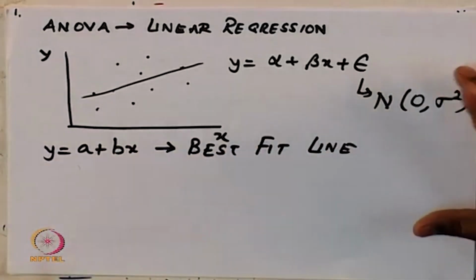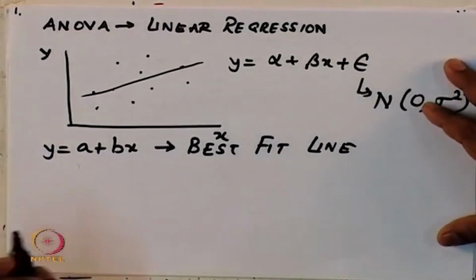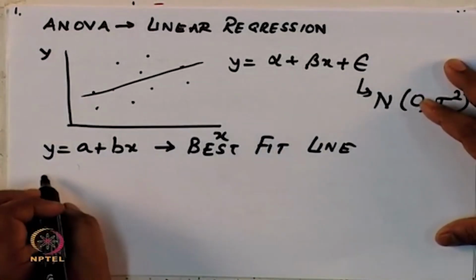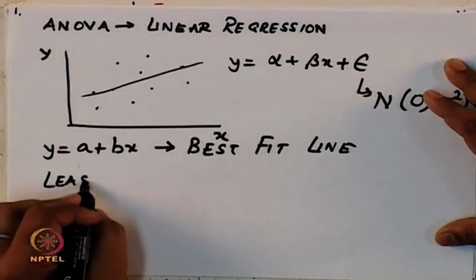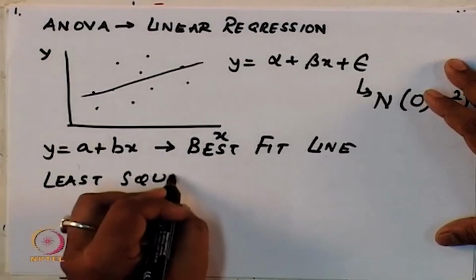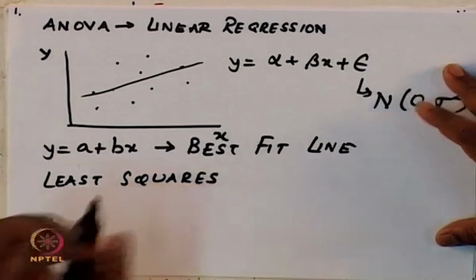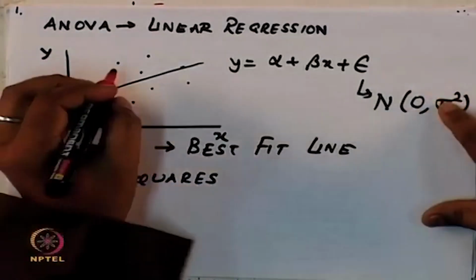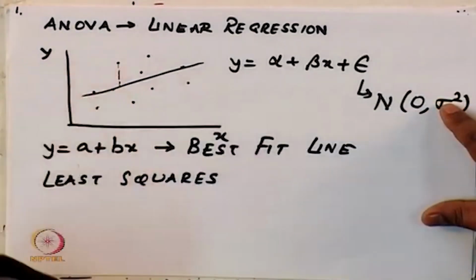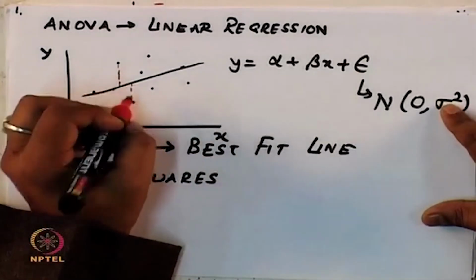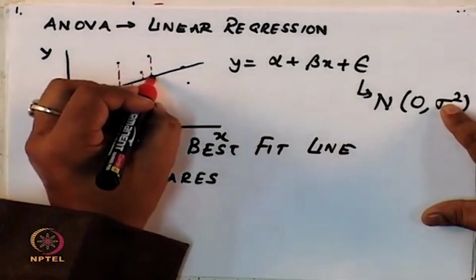And the approach is using the method of least squares. In this approach, for each of these points, you try to track the deviation of these errors.